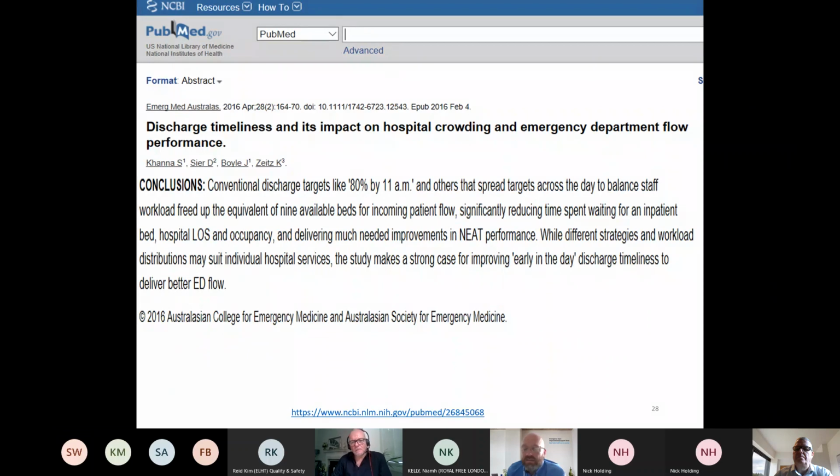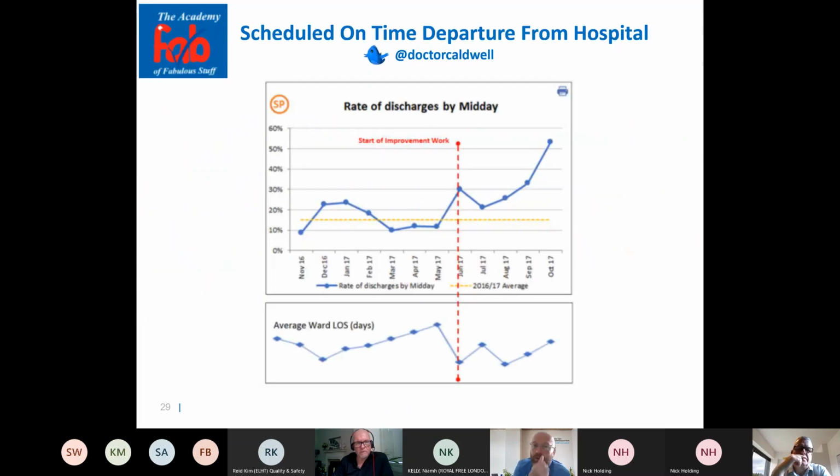And again, there's lots of evidence around this, around the importance of discharging earlier in the day. Here's one now. I won't read it through, but this study makes a strong case for improving early in the day discharge to deliver better flow and better patient outcomes. And again, you'll get all this in the slide deck. And going back to Gordon Caldwell's work there, again, just a bit of evidence here. This is around discharges by midday.